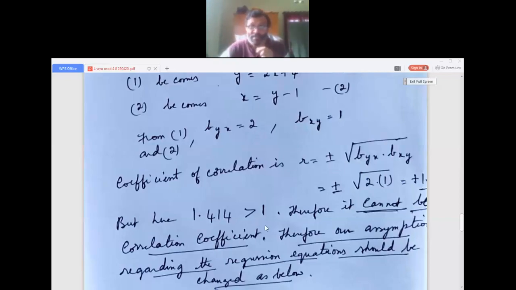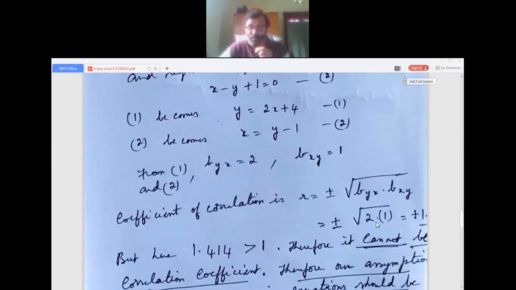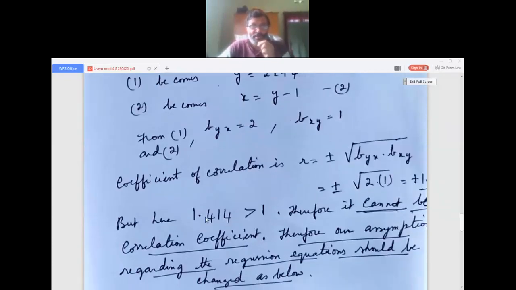So, once again, it is plus or minus 1.414. But here, since both byx, the regression coefficient of y on x, and bxy, the regression coefficient of x on y, are positive, r will be positive. Now, this 1.414 is greater than 1, but the correlation coefficient should be in between minus 1 and plus 1.